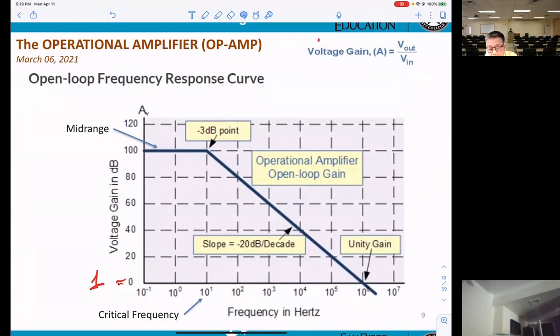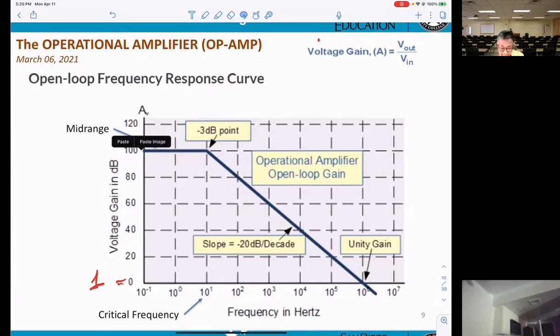Okay, last time we already talked about the operational amplifier. Quickly try to review a few things you have to know. Basically, this will display the relation between the bandwidth and the gain.